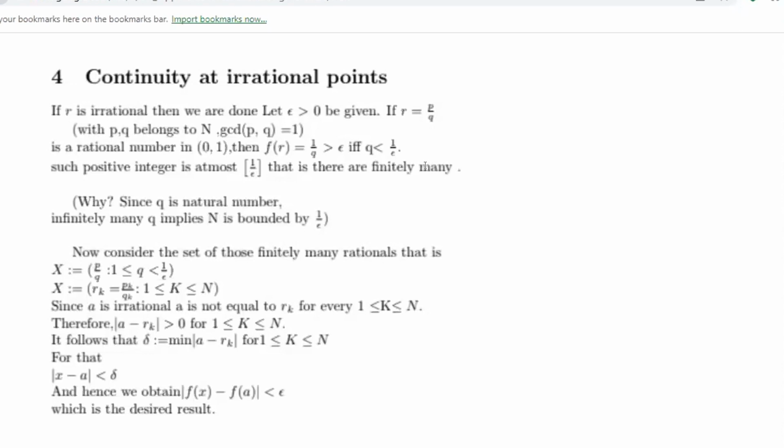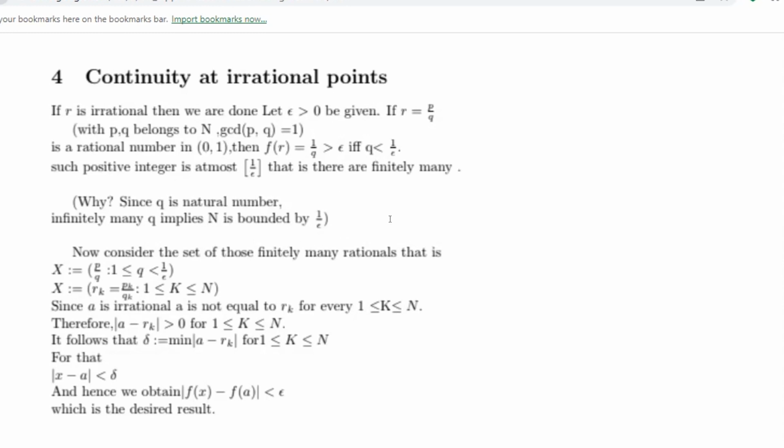Can I ask a question? Yeah, sure. You said you have taken delta equal to the minimum of a minus r_k, right? Yeah. So for that, we should have finitely many a minus r_k. Okay. So you have proved that there are finitely many q's.